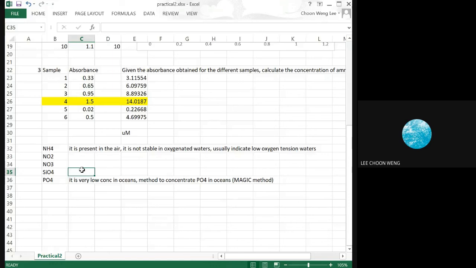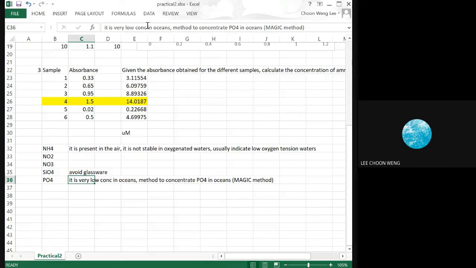Okay. When you're talking about silicate, the first thing you'll notice is avoid glassware. So if you look through the methods, you realize that when we want to measure silicate, we avoid using glassware.